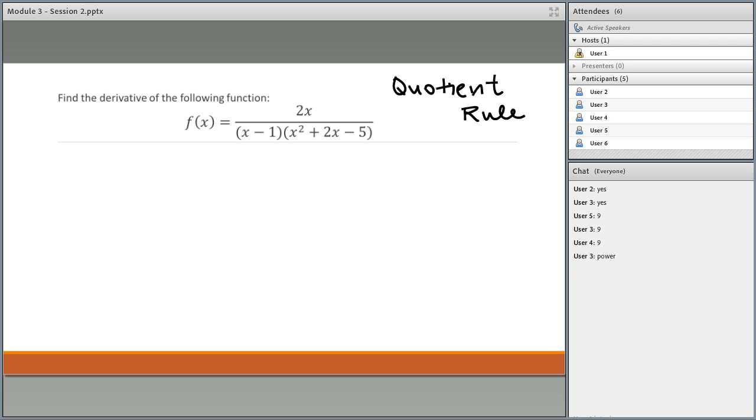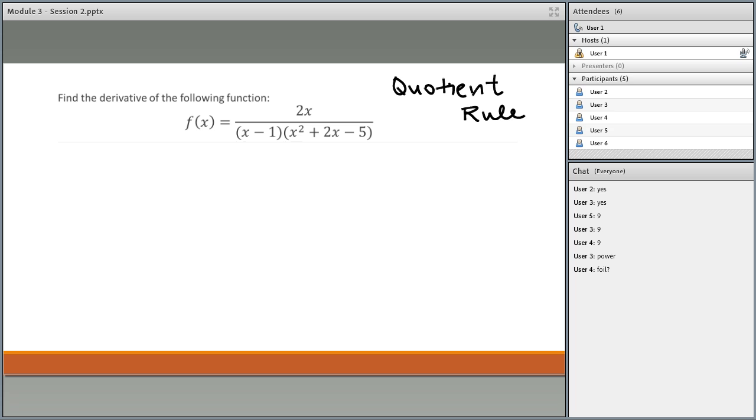Anything else? Good. So you could FOIL this out. So we could distribute the x and then distribute the negative 1. That is one option. If I didn't want to multiply that out, I don't necessarily have to.